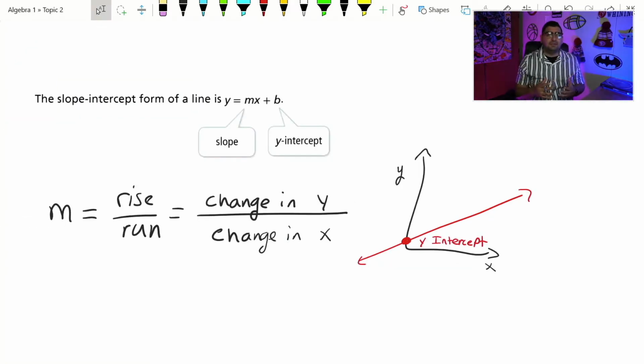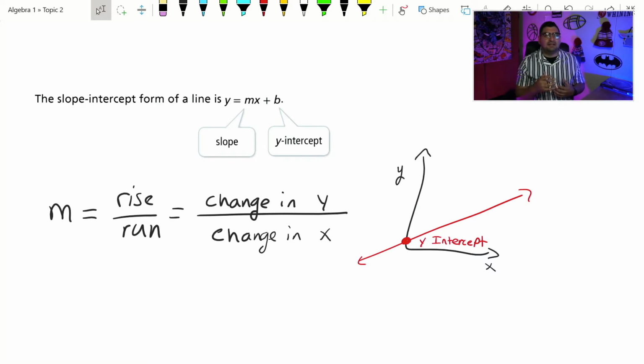So if we have these two pieces of information, we are able to write the equation to any line, if we can see the line, but also this form helps us graph a line. If we know how to read this equation and we can tell what the y-intercept is and what the slope is, then we're able to graph an actual line from an equation.